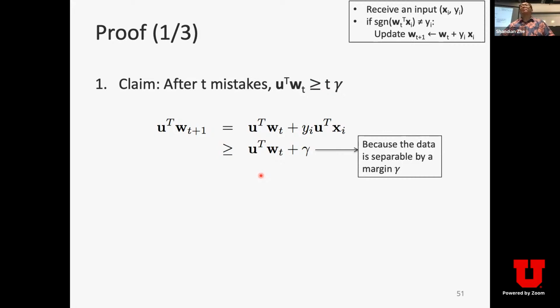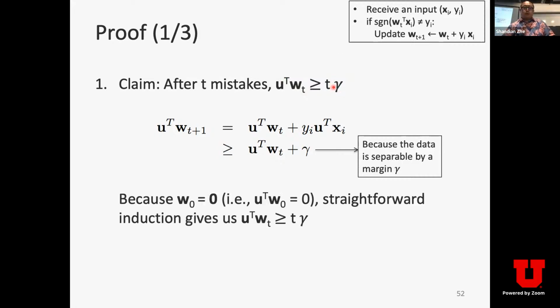So what's the next step? You just check the initial condition. You check whether, when T is 0, from the very beginning, this is correct. What is the left-hand side? 0, because W is initialized at 0. So U transpose W0 is 0. And what is the right-hand side? 0 as well, because T is 0.